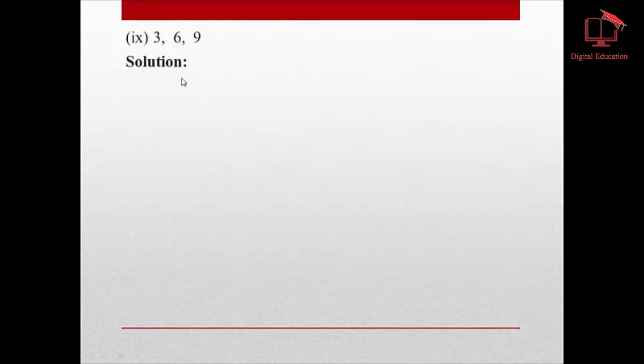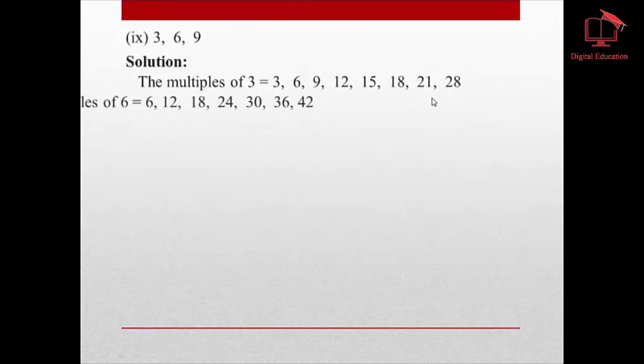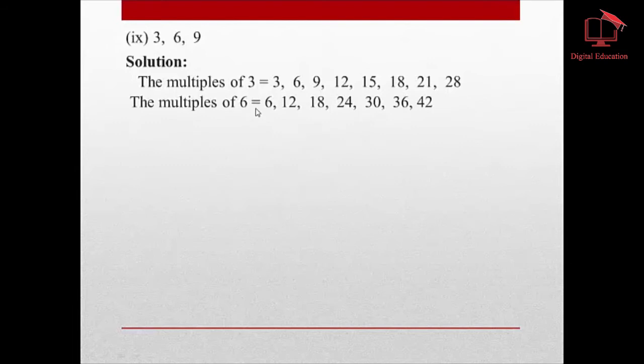Part number 9. We have three numbers 3, 6 and 9. The multiples of 3 are 3, 6, 9, 12, 15, 18, 21 and 28. The multiples of 6 are 6, 12, 18, 24, 30, 36 and 42.